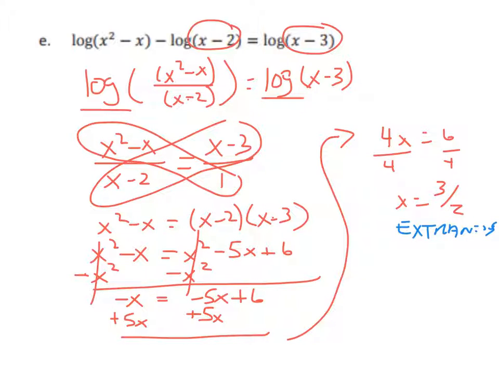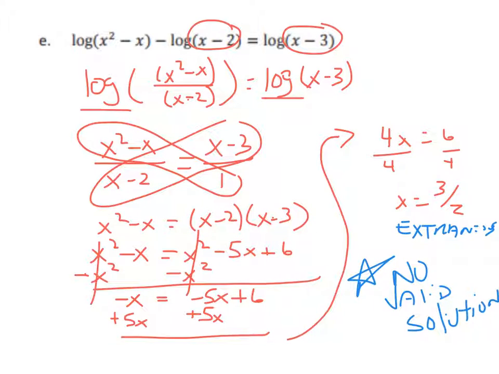And guess what? No valid solution. It's a possibility. You've seen it before, last year, in 9th grade. No valid solution here, all right? It doesn't work in all the pieces. Okay, that's why we check.